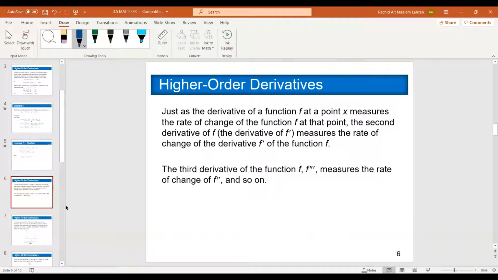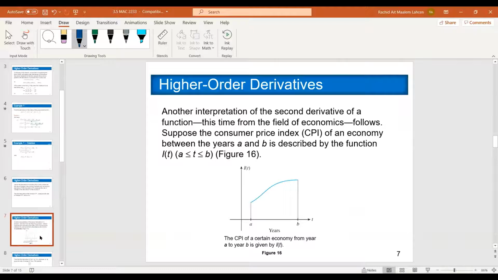As the derivative of function f at a point x measures the rate of change of the function at that point, the second derivative f double prime measures the rate of change of the derivative f prime. That initial example I gave is a perfect one for it. And you can see more examples here, and how the first and second derivatives tell us more about the curve itself.